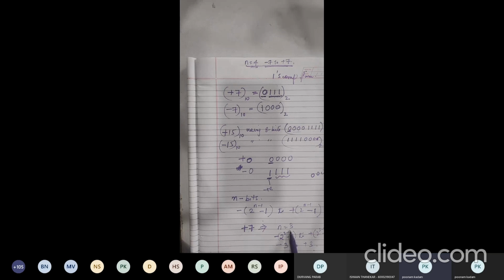So if you use 3 bits, you can only represent numbers from minus 3 to plus 3. So plus 7 does not fall under this range. To represent plus 7 in one's complement form, you at least require 4 bits. Am I clear? Is this part clear to all of you?